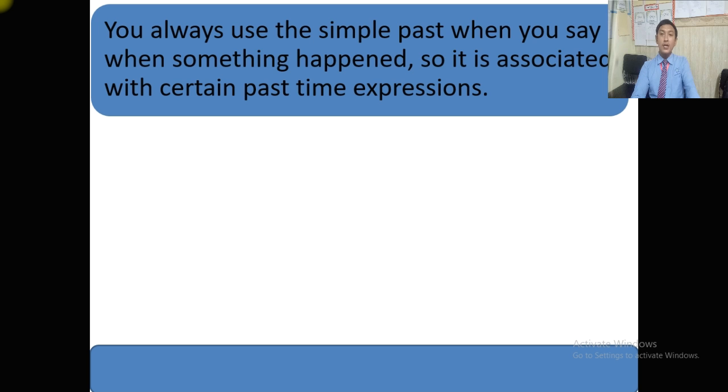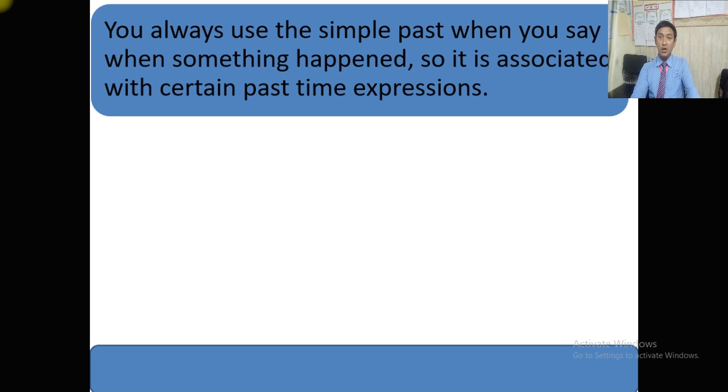We use the past simple with an action that happened in the past and finished in the past. If we want the speaker to be clearer about what time or when the action happened, we have to use a time expression, a certain time expression.